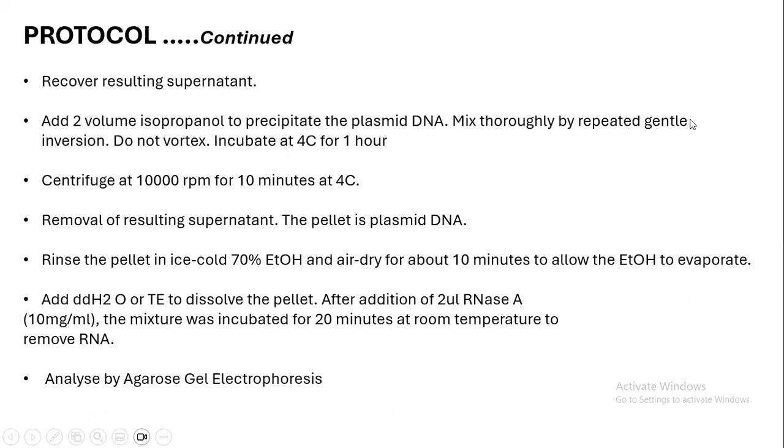We mix it thoroughly by inversion and incubate at 4 degrees Celsius for 1 hour. This is followed by centrifugation at 10,000 RPM for 10 minutes at 4 degrees Celsius. Here, isopropanol is going to help precipitate the plasmid DNA. We then remove the supernatant, and the pellet is going to contain the plasmid DNA.